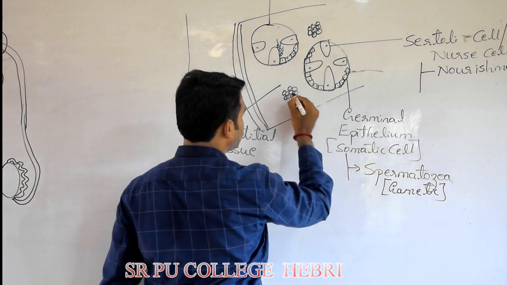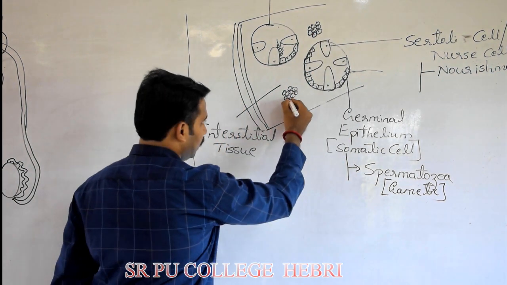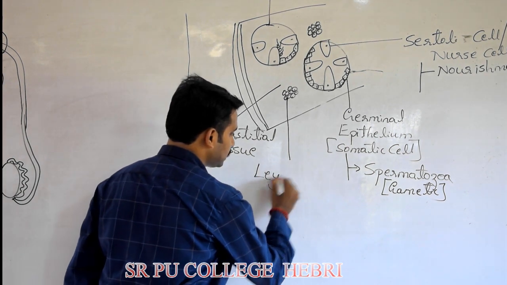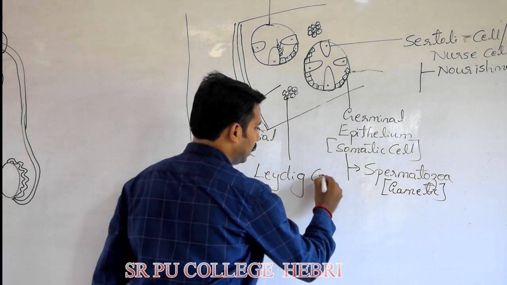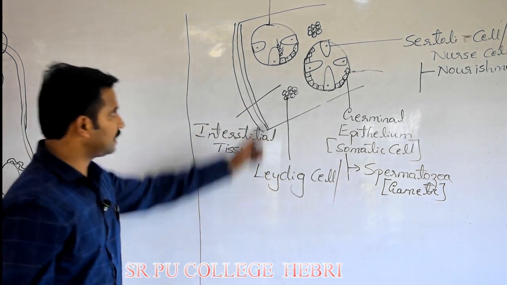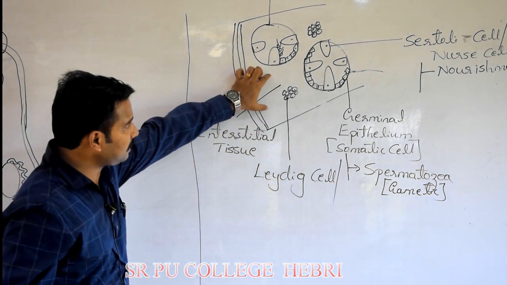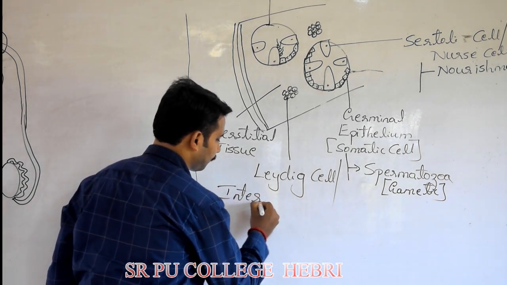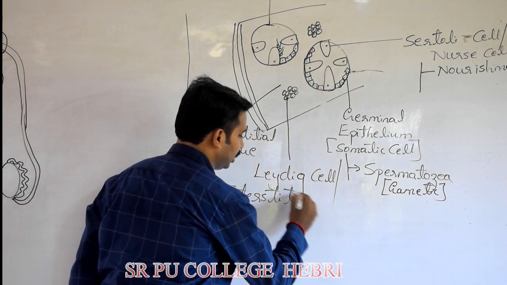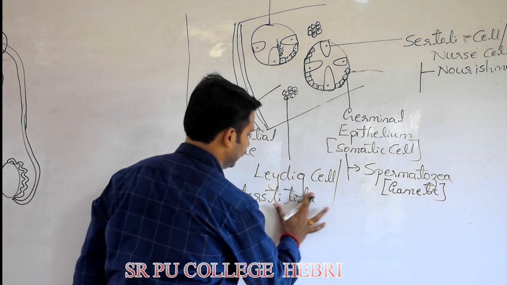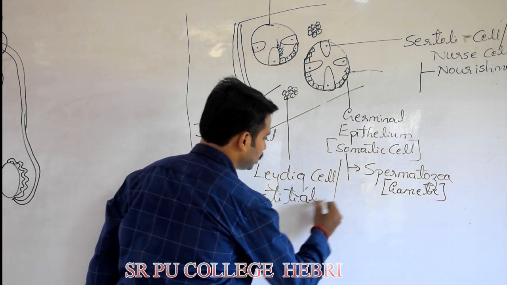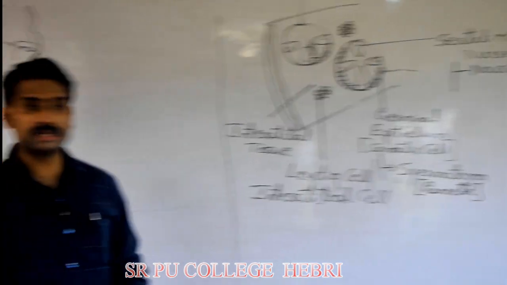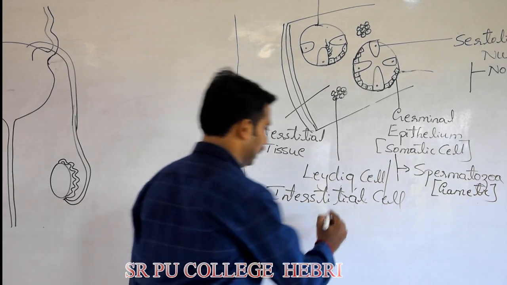This mass of cells present in the interstitial tissue is called Leydig cell. As this cell is present in the interstitial tissue, it is also called interstitial cell.